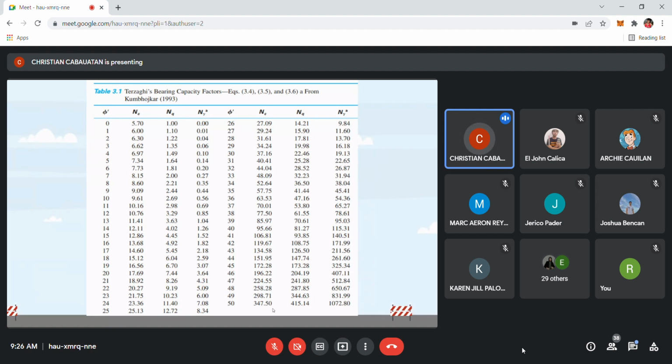For an example, if the friction angle is given as 21 degrees, ang kanyang Nc ay 18.92, ang kanyang Nq ay 8.26 at ang kanyang N gamma ay 4.31. And so forth na yan.